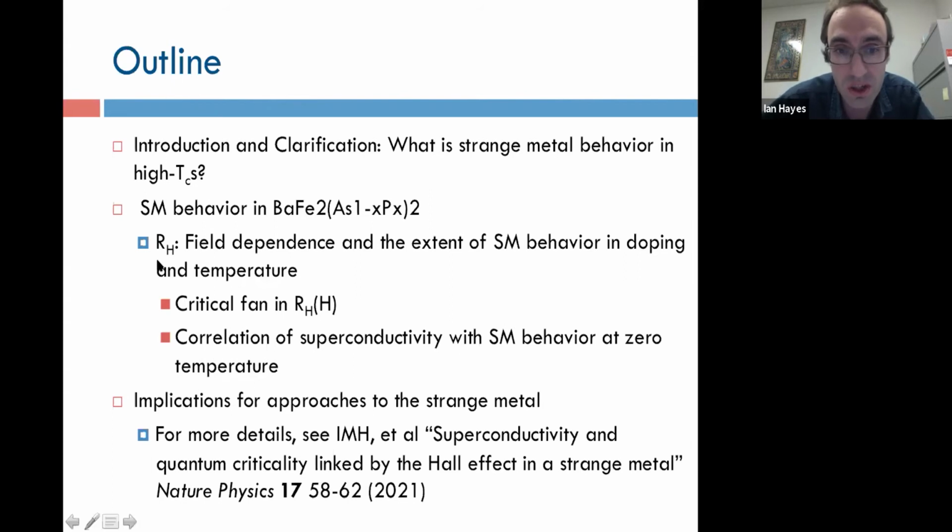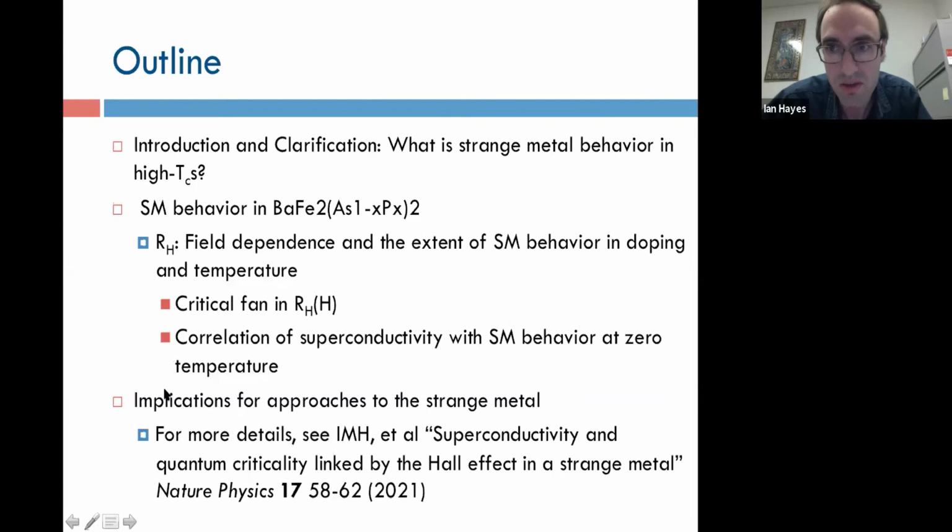In particular, it reveals a fairly clear critical fan in the temperature and doping phase space that suggests this behavior is linked to fluctuations of the ordered phase. And it's also going to show a very strong correlation with superconductivity, specifically in the zero temperature limit. So I'll show you those in due course.